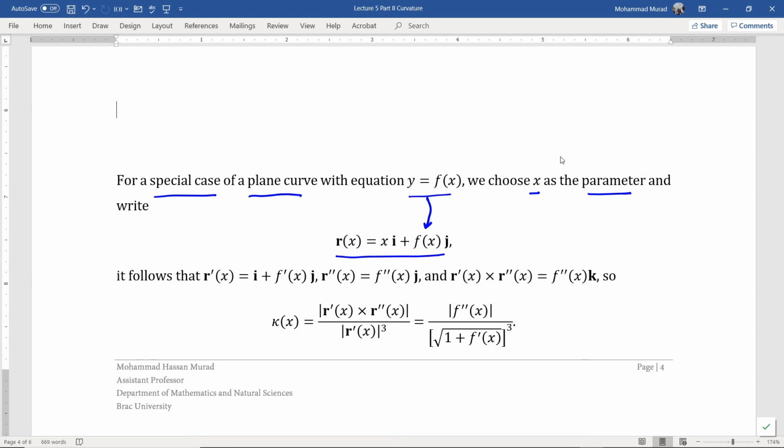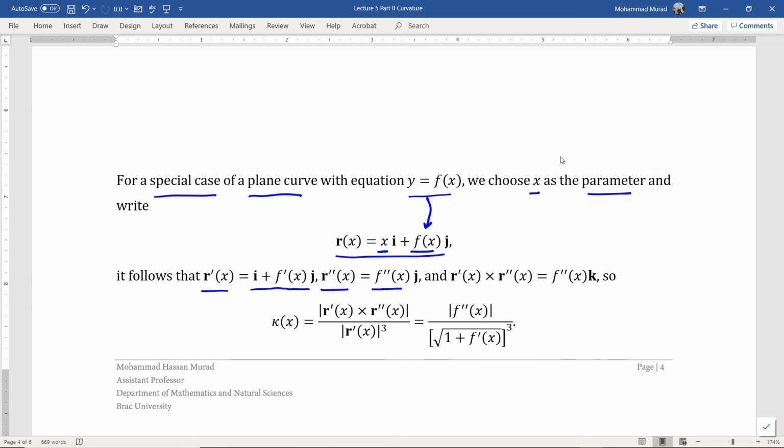Now it follows that its derivative with respect to x becomes i plus f prime of x j. So if we differentiate x, we get 1. If we differentiate f, we get f prime. Similarly, the second derivative of the vector function r becomes f double prime of x j.